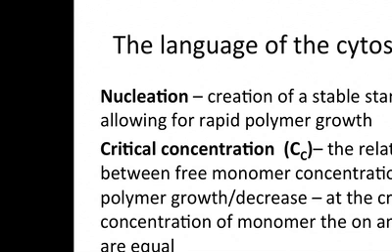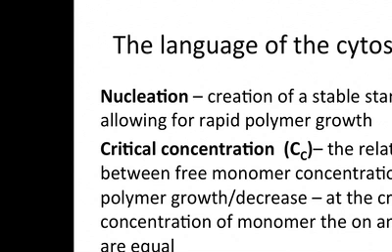Okay, so we were talking about the language of the cytoskeleton, and this is where we ended the other day. We talked about nucleation, which was the creation of a stable starting unit allowing for rapid polymer growth. And then we spoke about the critical concentration, and that's the relationship between free monomer concentration in the cell. There's only so much monomer, and it's either going to be used up, making a polymer, or it's going to be present as a monomer.